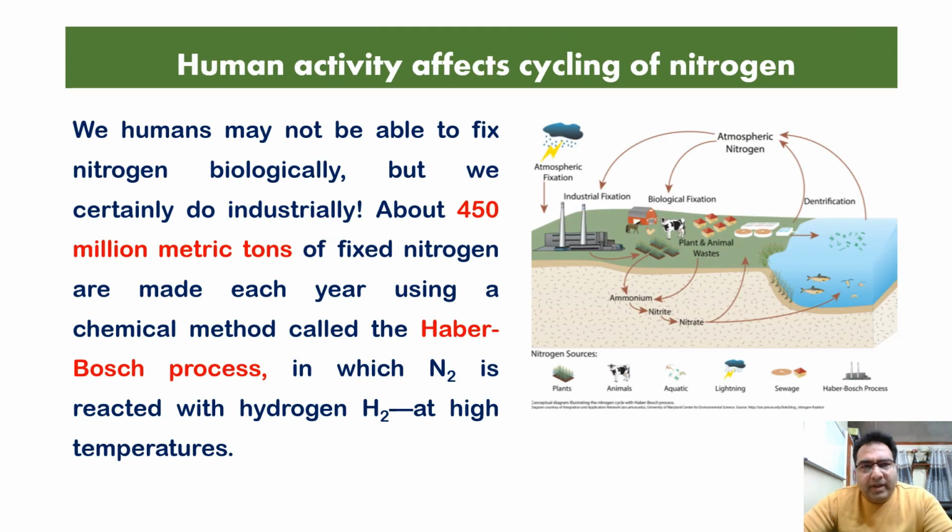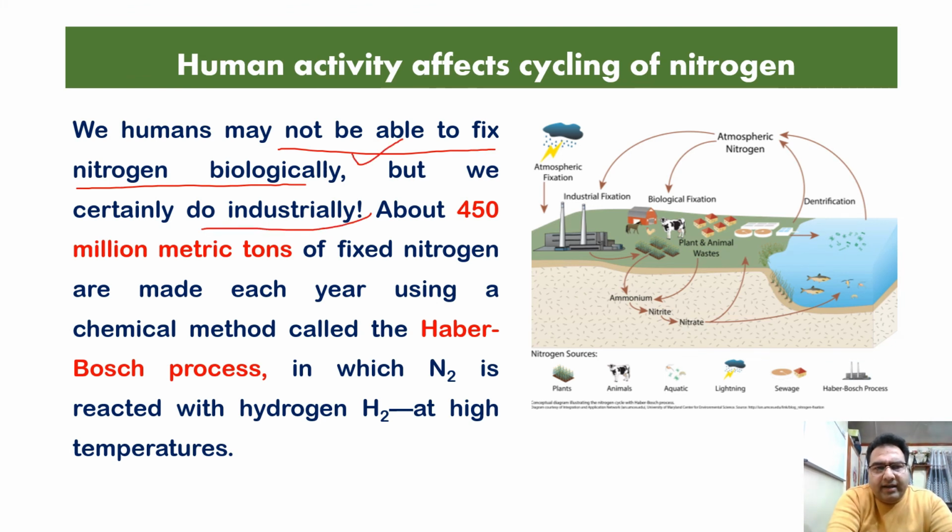Then, human activity affects nitrogen cycling. Most of the fixed nitrogen goes to make the fertilizers we use in our lawns, gardens and agricultural fields. We as human beings may not be able to fix nitrogen biologically, but we certainly do it industrially, as we have discussed earlier as well.